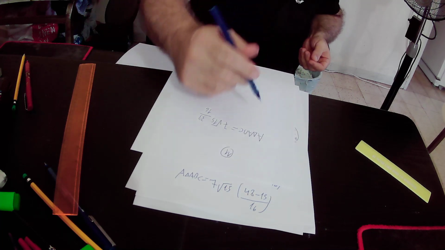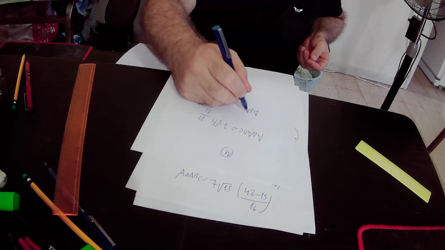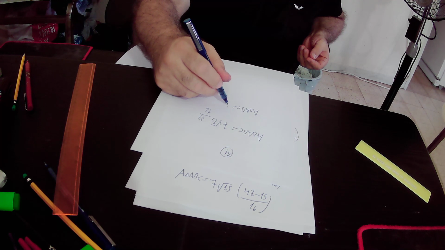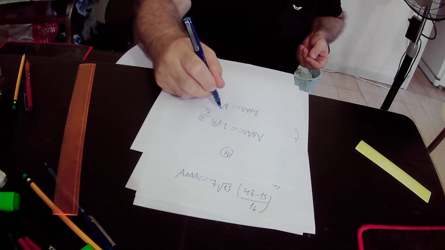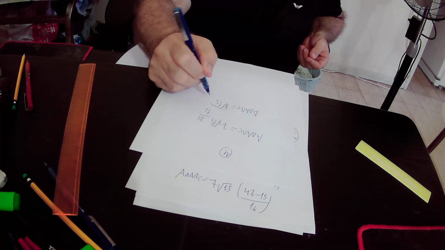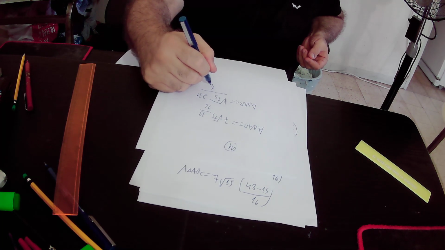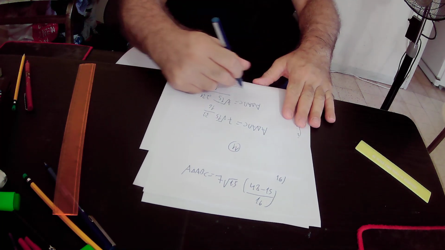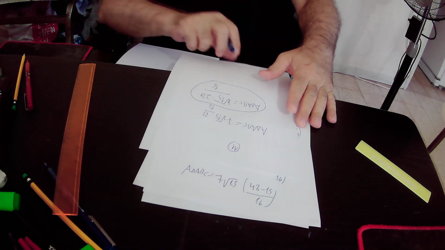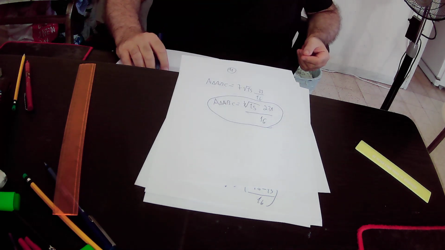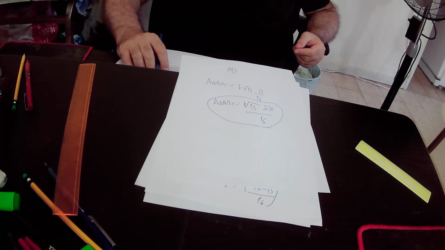So the area of triangle ABC equals root 15 times 231 over 16. Again, the area of triangle ABC equals root 15 times 231 over 16 square units.